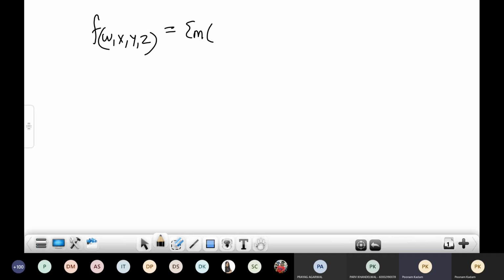All of you please take it in your books: 2, 3, 4, 5, 6, 7, 11, 13, 15. Please start solving this sum. 2, 3, 4, 5, 6, 7, 11, 13, 15 are the minterms present in the function.